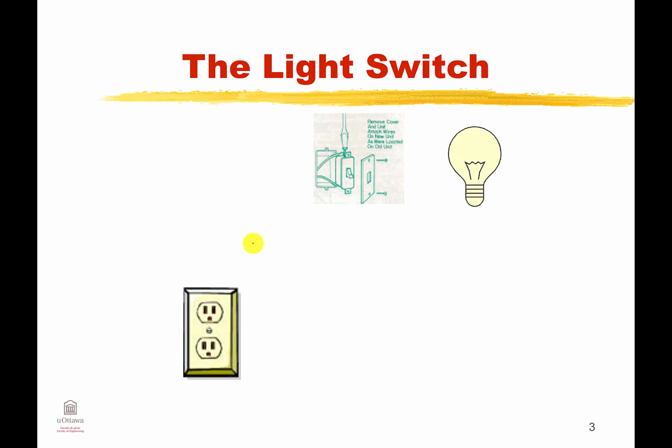So why do we use Boolean algebra and logic gates? The answer is so simple. It's basically to describe how digital circuits work. Let's take a look at this simple example.